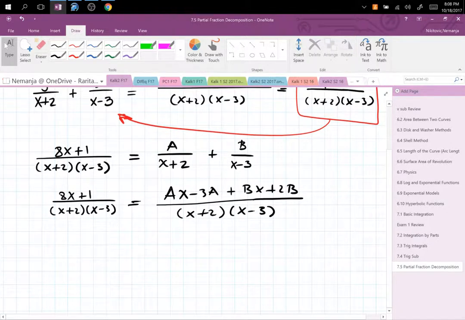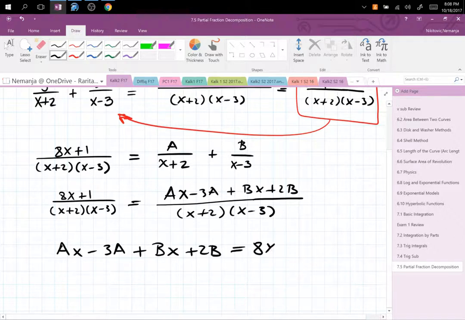Note that denominators are the same, so we don't have to worry about those. Right, they cancel. So all I have are numerators now. So I have to consider ax minus 3a plus bx plus 2b equal to 8x plus 1.